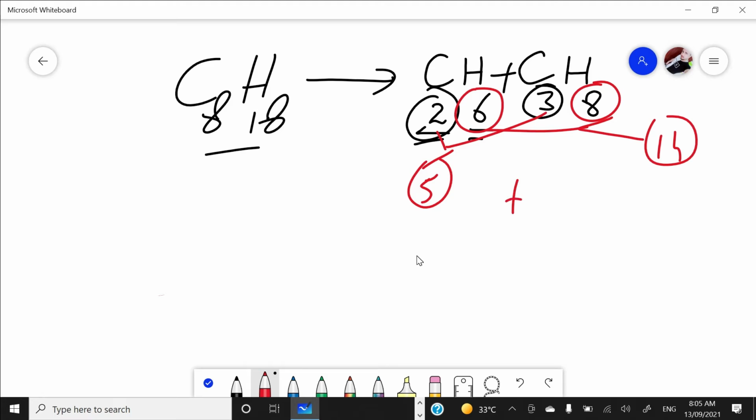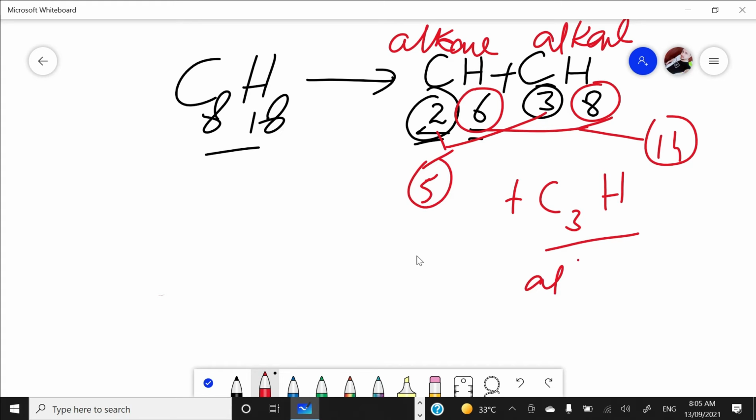So plus C3H, how much? I've done an alkane, another alkane, and now an alkene.